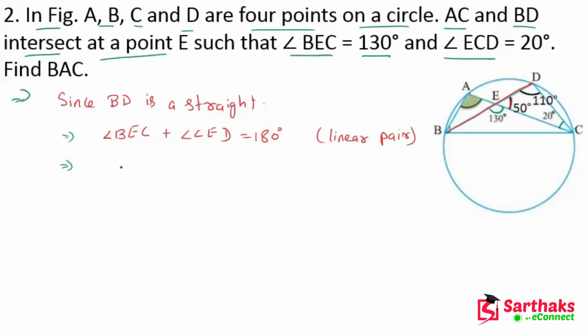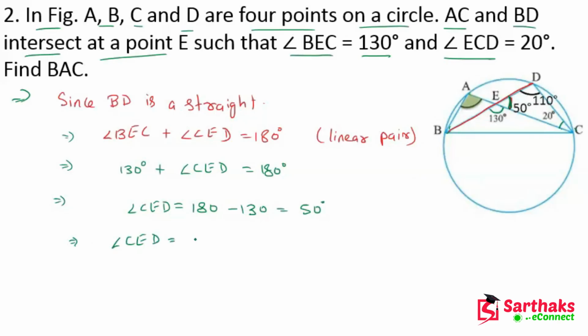Angle BEC is 130 degrees, plus angle CED is equal to 180 degrees. So angle CED is 180 minus 130, which is 50 degrees. I hope you understand these things.